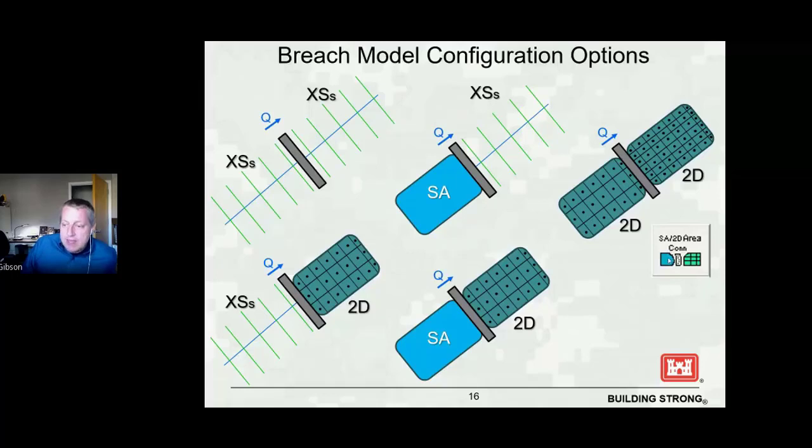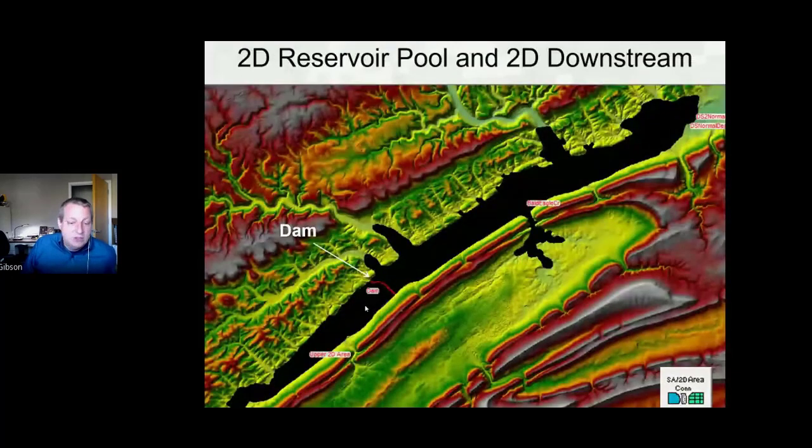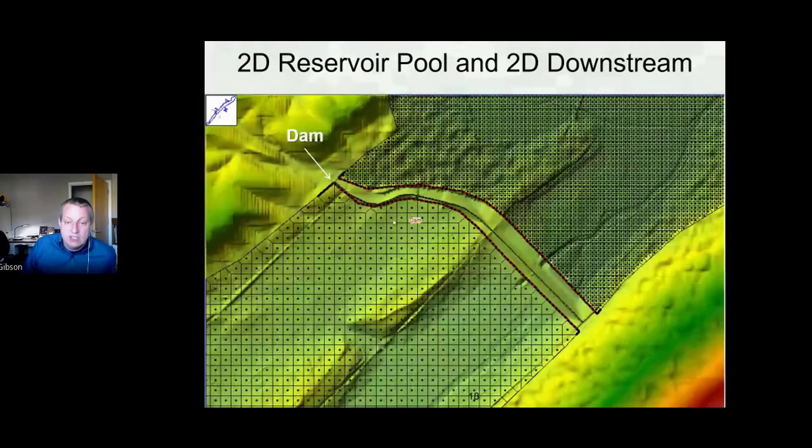And so connecting a 2D area to a 2D area is another way that's becoming a common workflow. And so again, here you're going to use the storage area 2D connection, but it's just the 2D connection part that you're using. And so here you just create two storage areas and connect them with a 2D connection. And this is like what we talked about in the module last night.